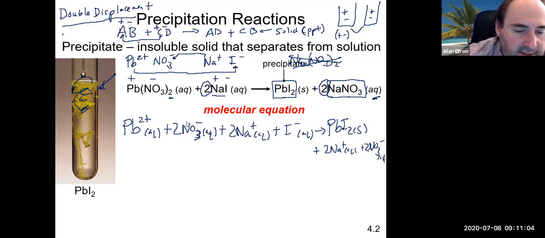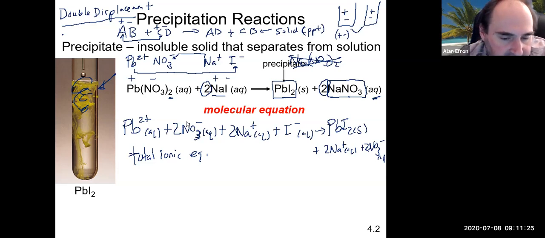This equation that I just wrote here is sometimes referred to as the total ionic equation, or complete ionic equation. And it basically describes what's happening in this reaction when it's in solution. So basically in a total ionic equation, you break apart everything except anything that is a liquid, a solid, or a weak electrolyte.